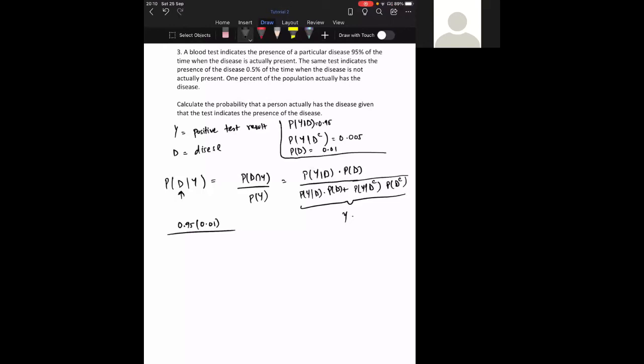Okay. Now we have this equation. That's 0.005 times 0.99. And we solve this to get 0.657 as final answer.